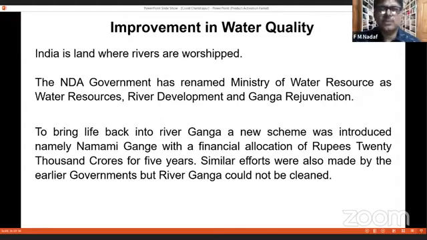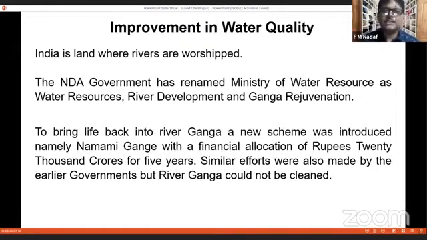Otherwise, it was impossible. Not only Ganga, it is also with regard to Yamuna, Kaveri and all the important rivers which were earlier polluted. During this time, they were purified and fit for consumption with a little bit of filtration here and there.